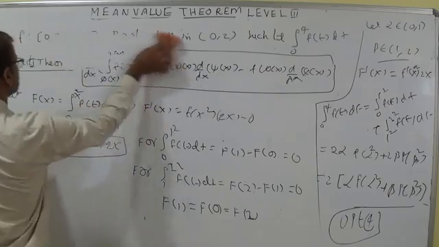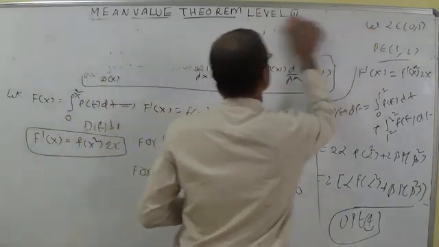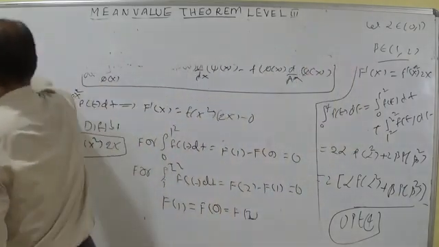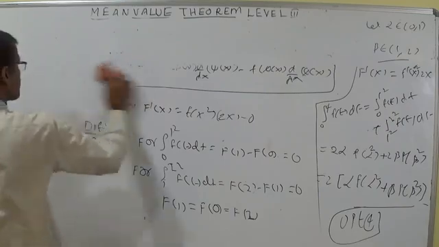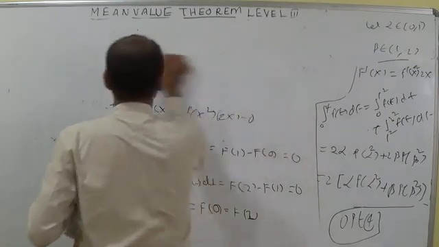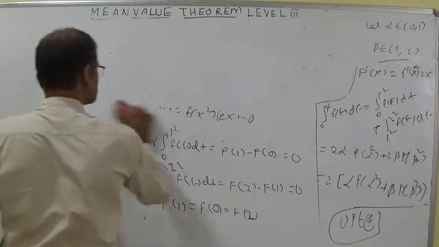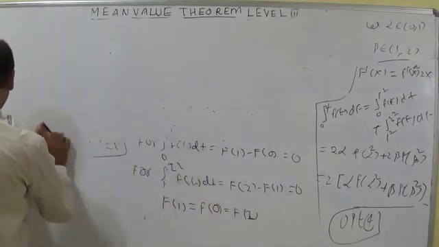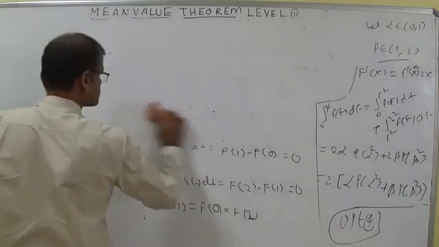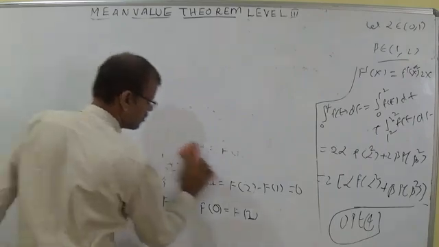Next, let us discuss the 12th question. f is continuous on closed interval a comma b and differentiable in open interval a comma b, ab greater than 0, then there exists small c belongs to open interval a comma b.